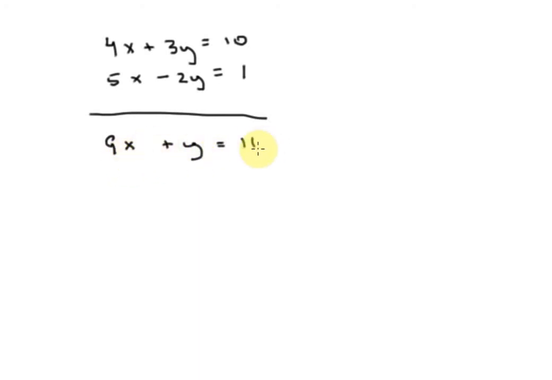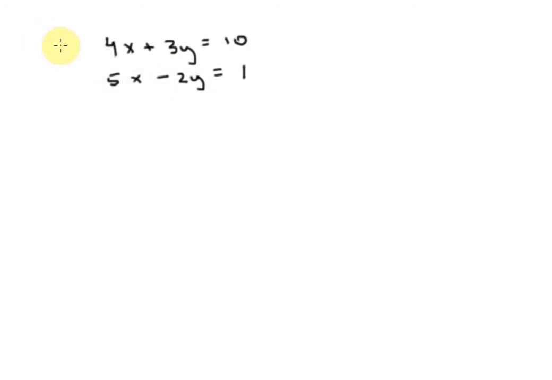I've got a third equation now, but I still can't go ahead and solve it. So as nice as that was, it didn't get me anywhere. So kind of useless. So it's important with elimination, before you start adding up your equations, you want to make sure that either the x's or the y's are eliminated. So it means I'm going to have to doctor these equations a bit first.